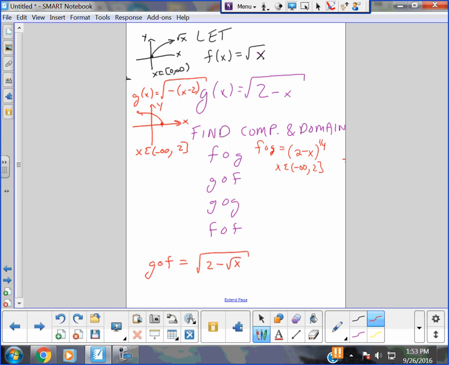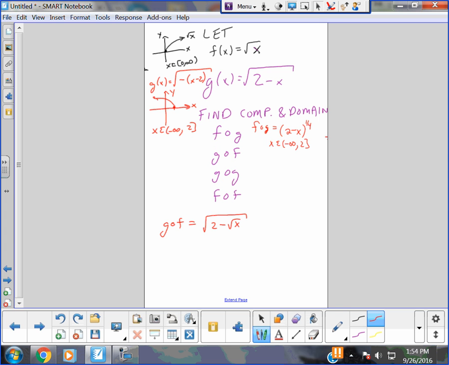And again, we recognize what? That the inside, 2 minus the square root of x, has to be greater than 0, right? And if it helps you see the domain, I'll write this out. This has to be greater than or equal to 0. You guys agree? And the inside of that, x, has to be positive. All right?